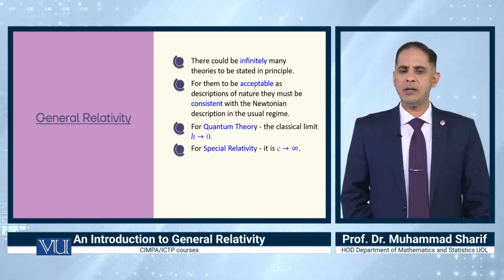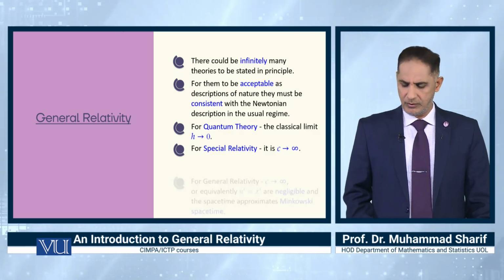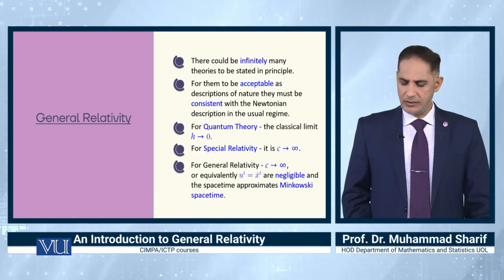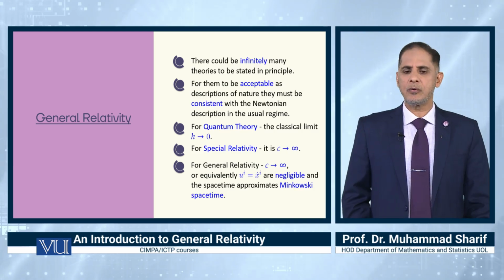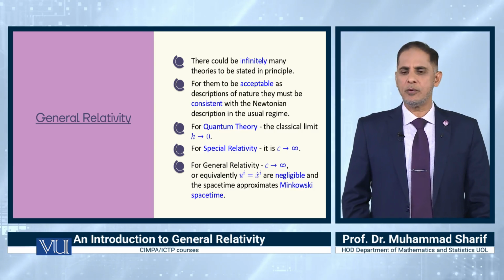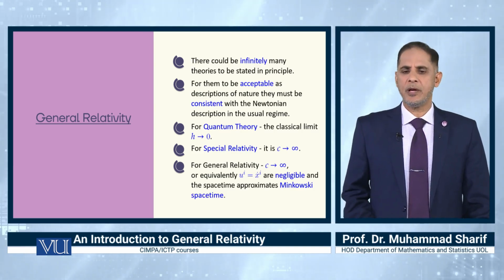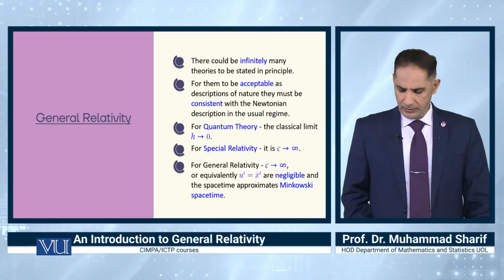For the special theory, if we say c tends to infinity, it reduces to Newtonian theory. Similarly, for general relativity, c tends to infinity, or the velocities u^i = x^i dot are negligible, and the space approximates Minkowski space-time. So, first we reduce it to special relativity, then special relativity to Newtonian theory.